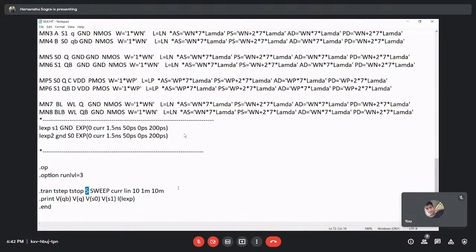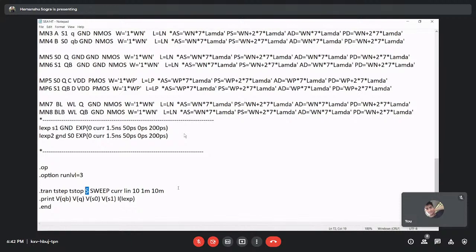If at 3 the data is already flipped, the value that the cell can withstand should be lower, a lower current value.